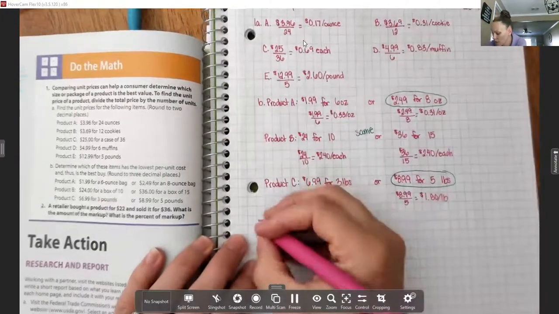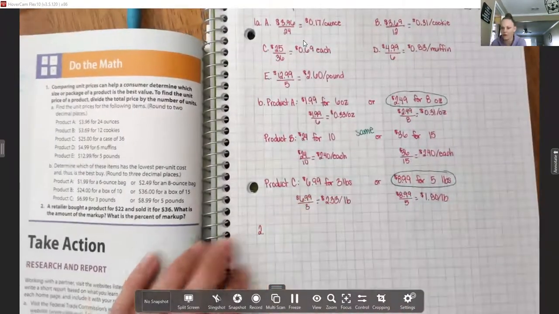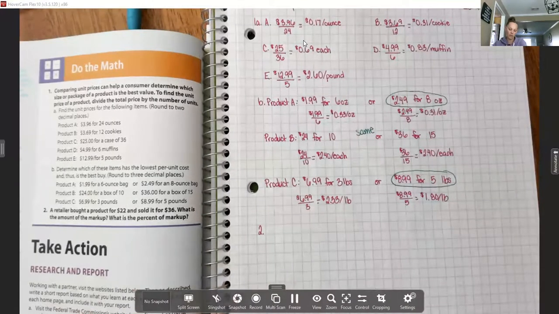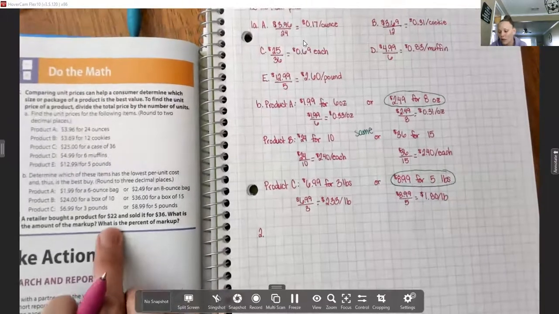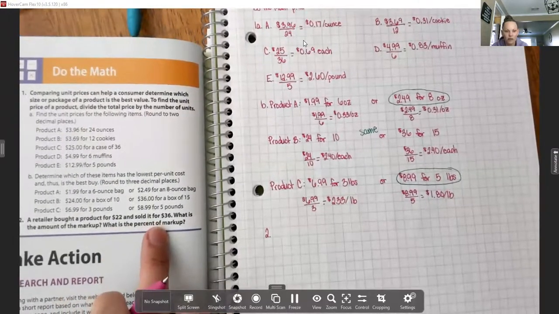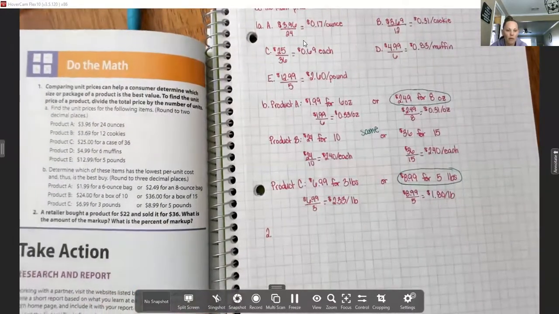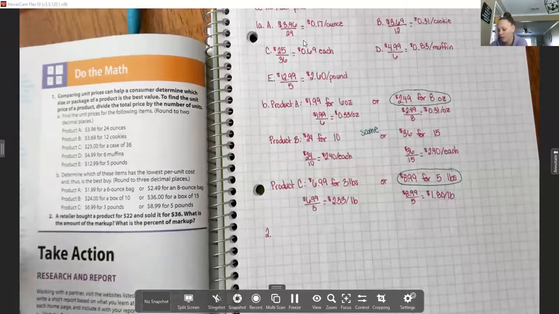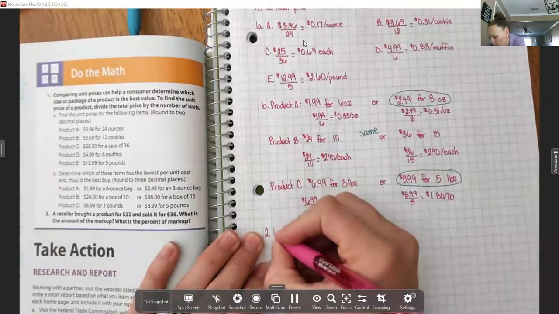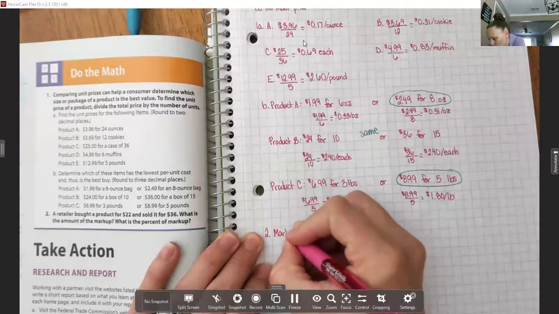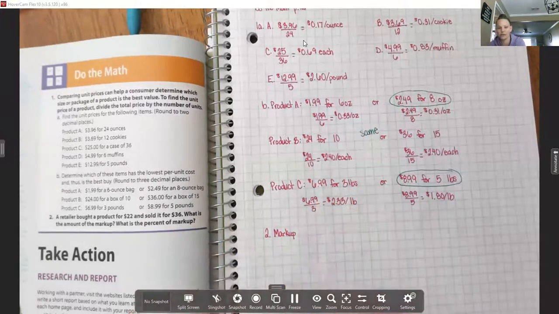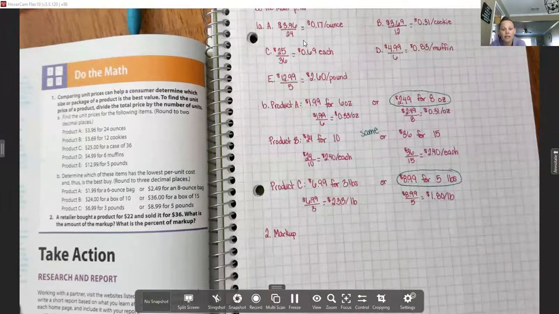So here on number 2, it doesn't have all these parts. A retailer bought a product for $22 and sold it for $36. What is the amount of the markup and what is the percent of the markup? So the markup, we talked about this, on how retailers or stores set their price.